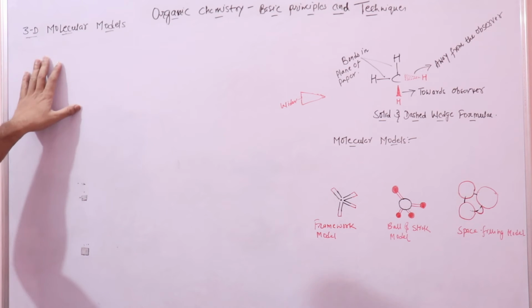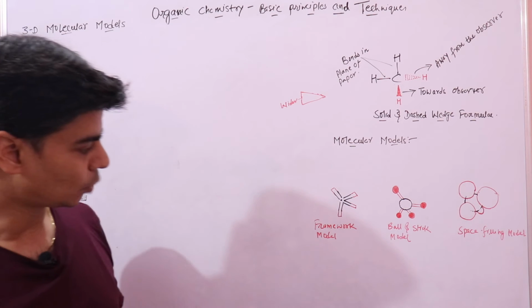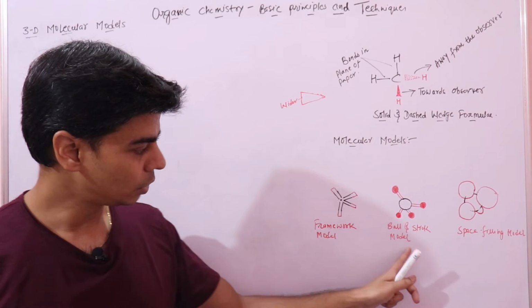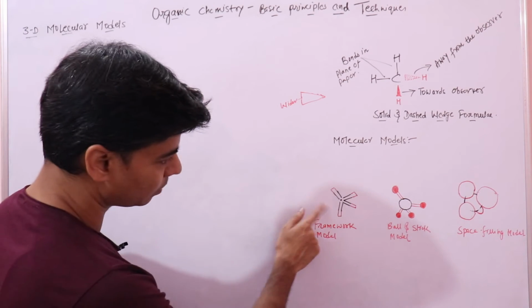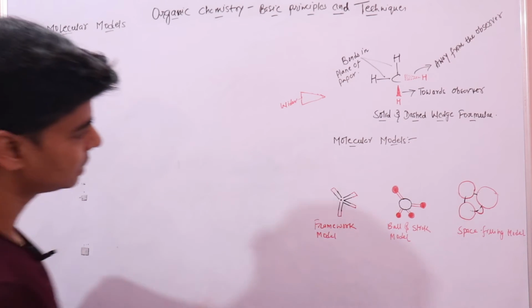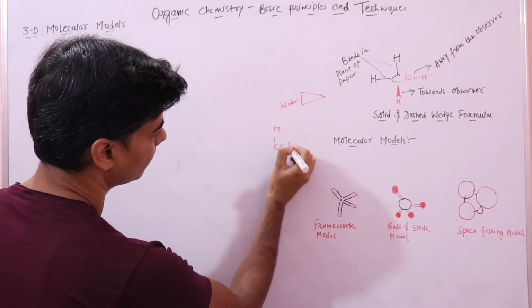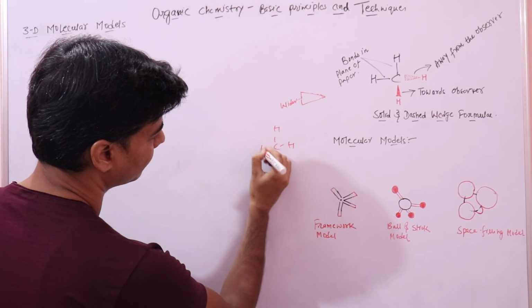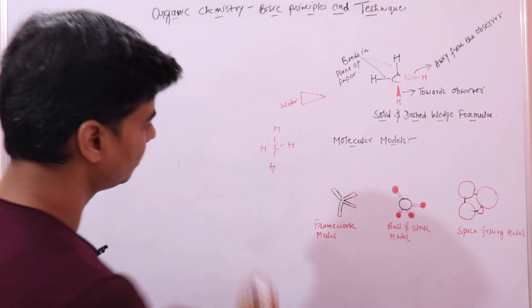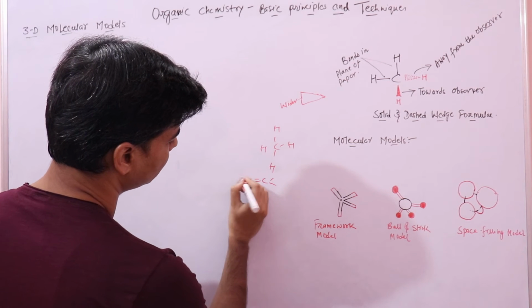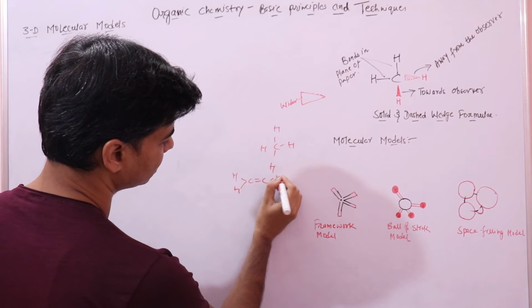You have three kinds of molecular models: the framework model, the ball and stick model, and the space filling model. Let's say these three different models represent the methane molecule, and this one is ethene, which has a double bond.